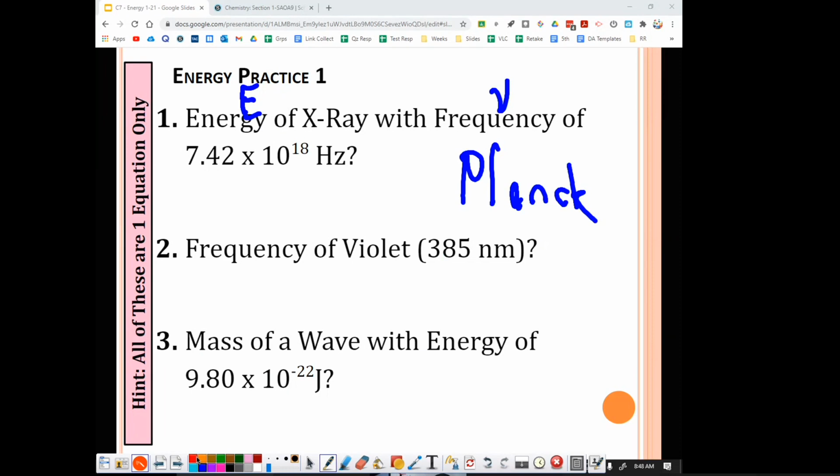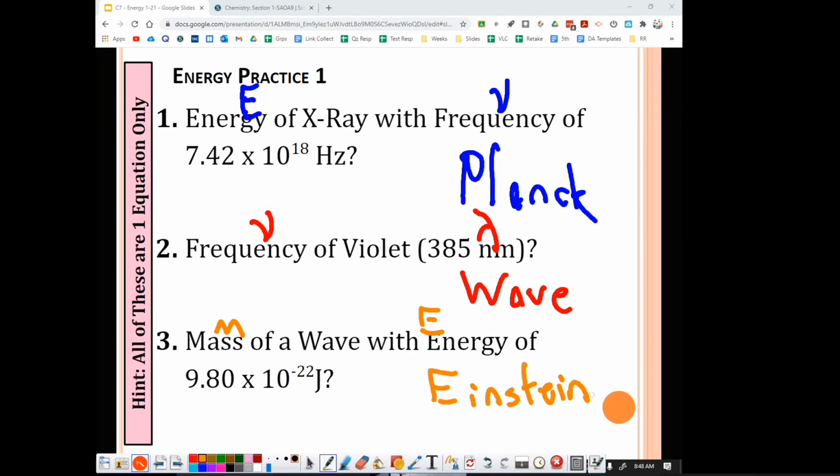The next one says frequency of violet, so it's talking about frequency, and it gives me wavelength, so it's definitely the wave equation. And the last one here, mass of a wave with an energy of this. Well, okay, energy and mass, yeah, that's totally Einstein. So your job will be to figure out which to use and then just use them.